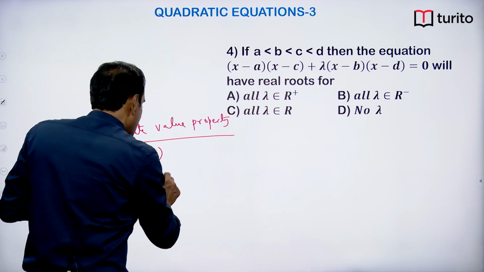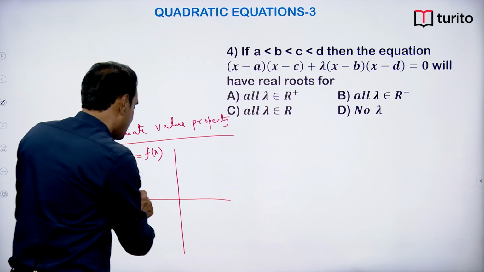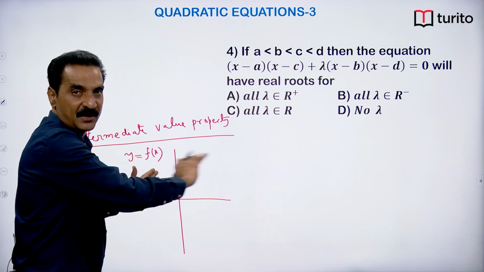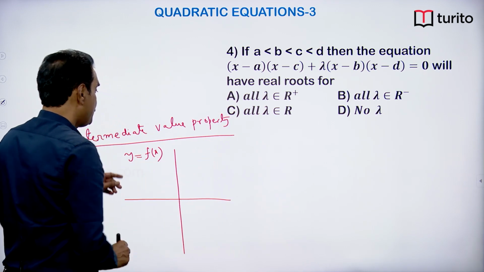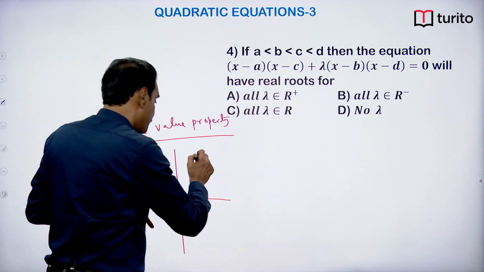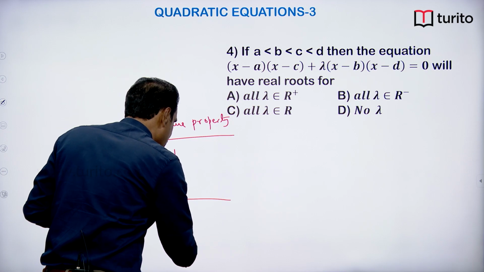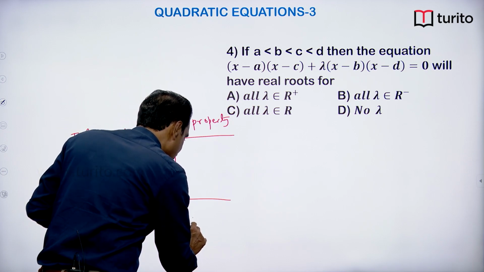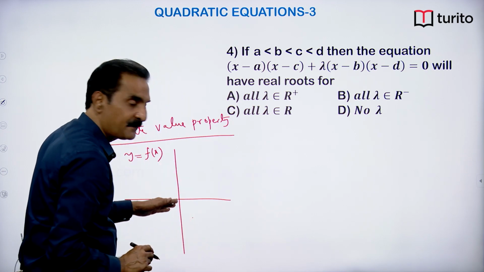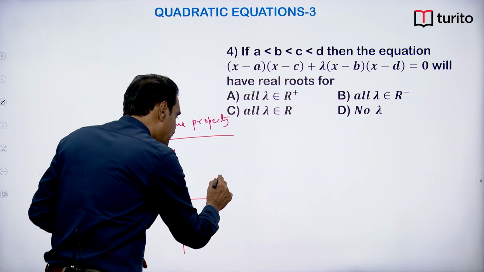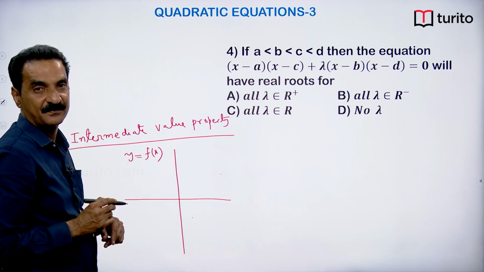Now, if you know that the graph is continuous, means without any break, suppose the graph is continuous and you have noticed that one point on the graph is below the x-axis, one point on the graph is above the x-axis.